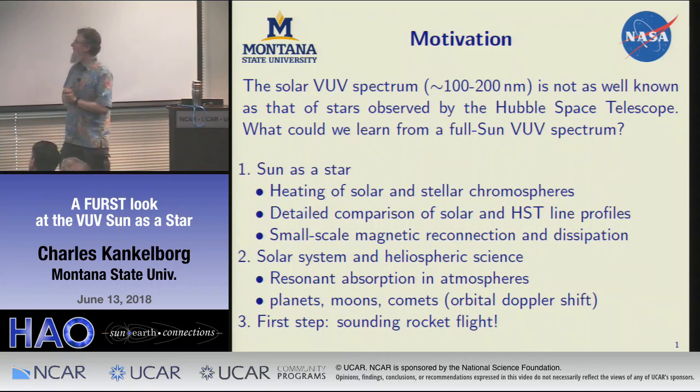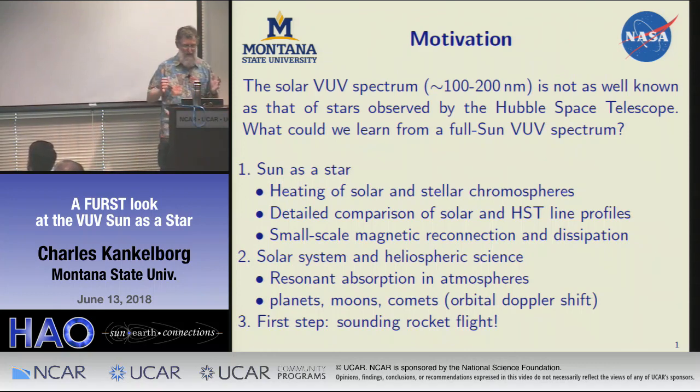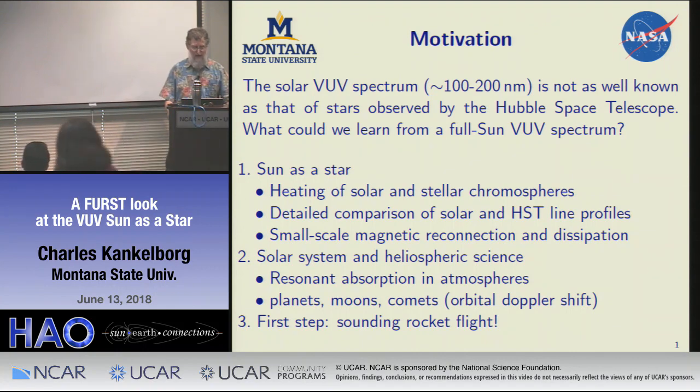So what I've been trying to say here is that the solar ultraviolet spectrum, particularly between about 1,000 and 2,000 angstroms, is actually sort of poorly known, at least on a full sun, full disk kind of basis. And the Hubble Space Telescope, by contrast, has given us wonderful high-resolution spectra of a bunch of other stars. So what could we learn if we actually had a full sun UV spectrum over that range?